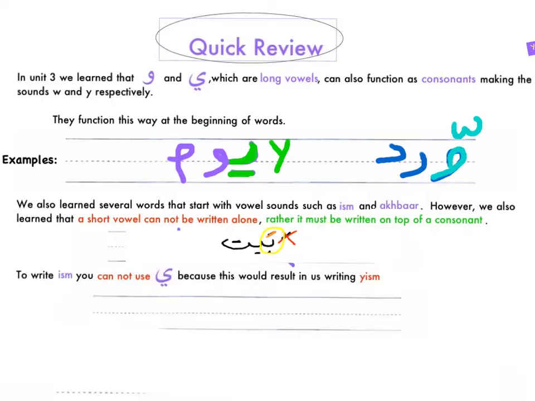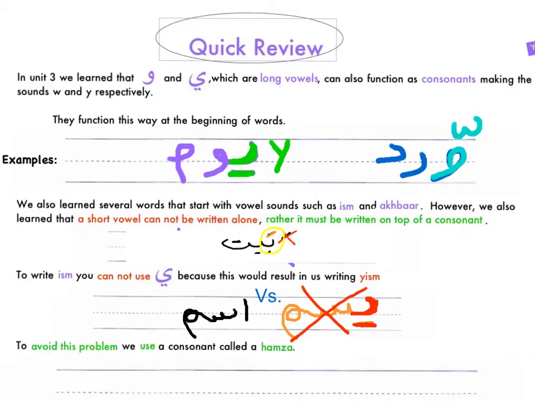So how should we write the word ism? We cannot use ya because this would result in the word yesim instead of ism. So to avoid this problem, we use a consonant called Hamza.